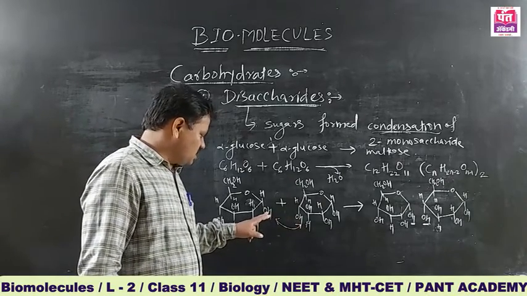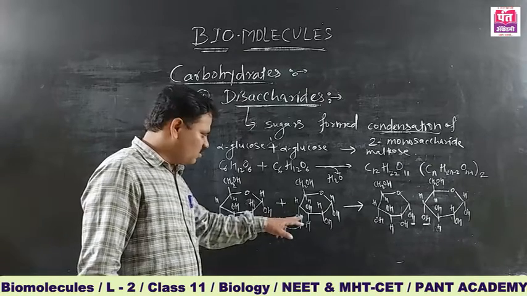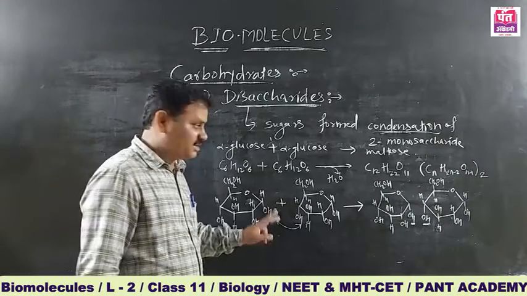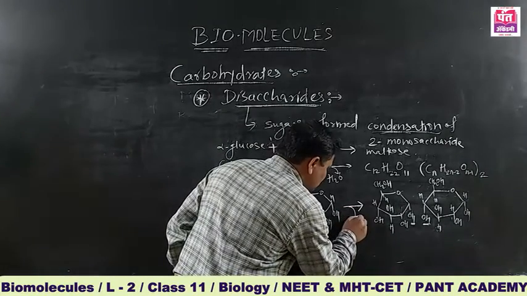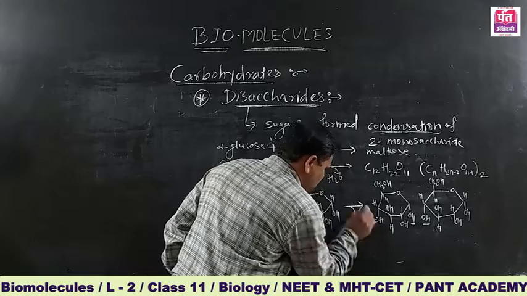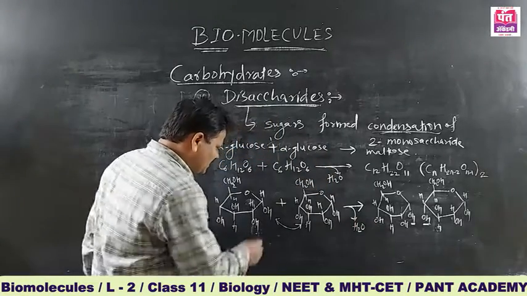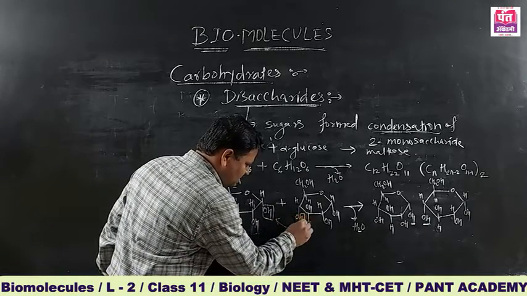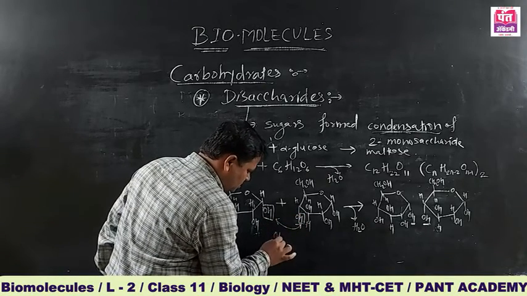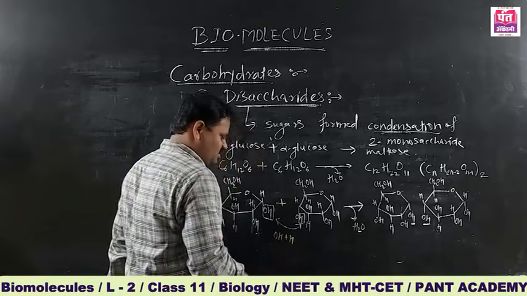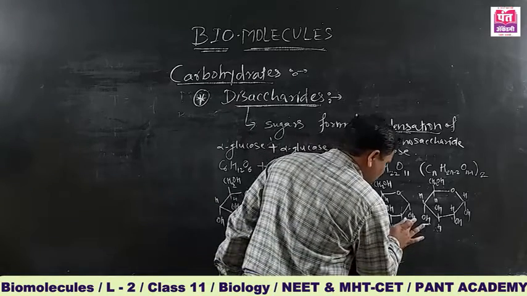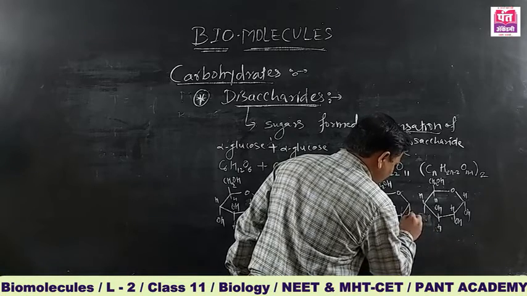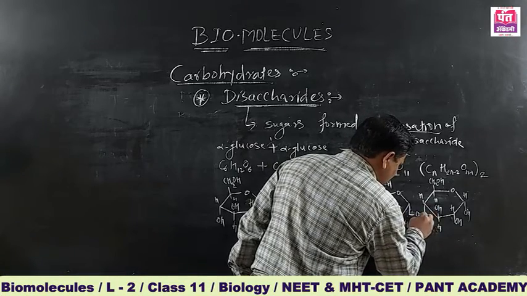Removal of one OH group, or one oxygen and two hydrogen atoms from this, and therefore it leads to the removal of H2O. So this OH group plus this hydrogen, OH plus H, is removed, and therefore you can see there is a formation of a bond which contains only oxygen.